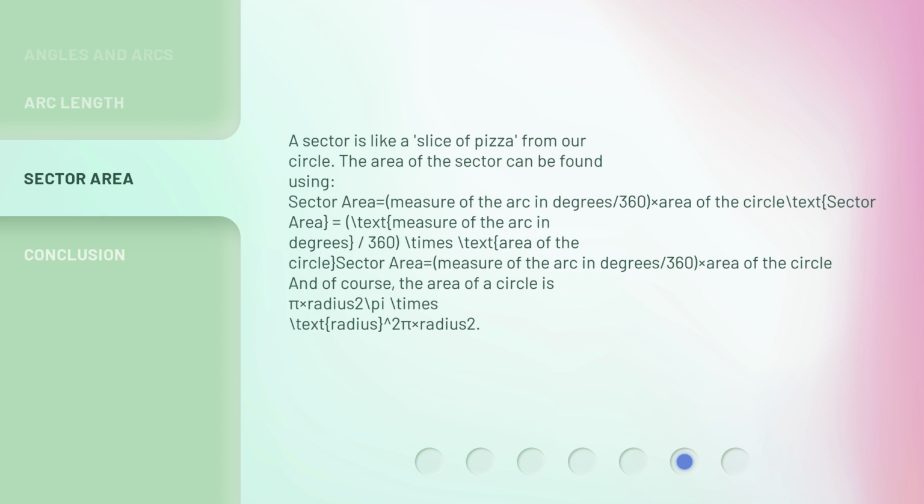And of course, the area of a circle is pi times radius squared.